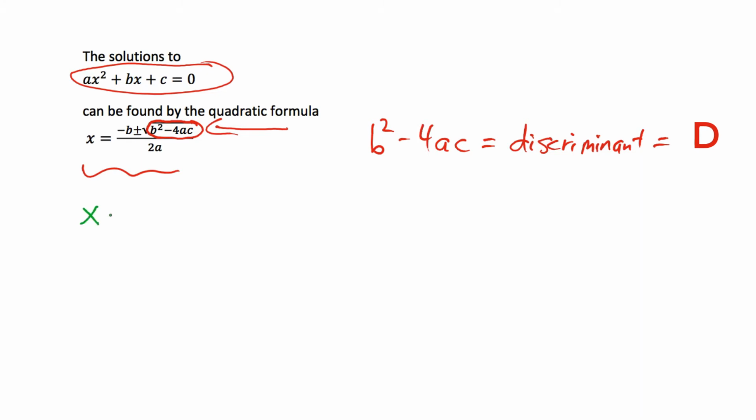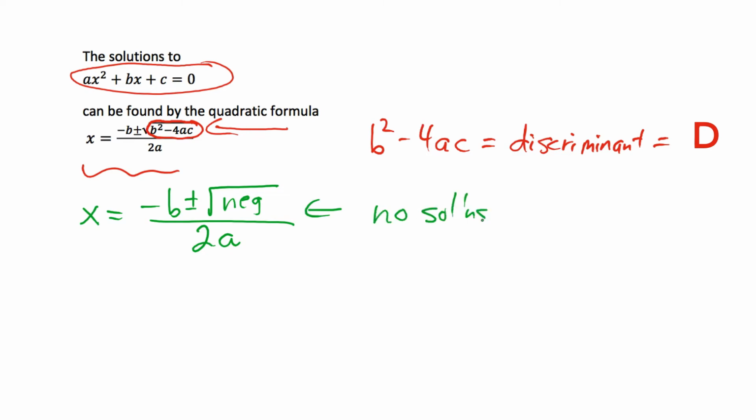If we had a quadratic formula set up as -b plus or minus the square root of, and there was a negative number under here, we would know that since we can't take the square root of a negative number, there would be no solutions if the discriminant, the number under the sign, was negative.